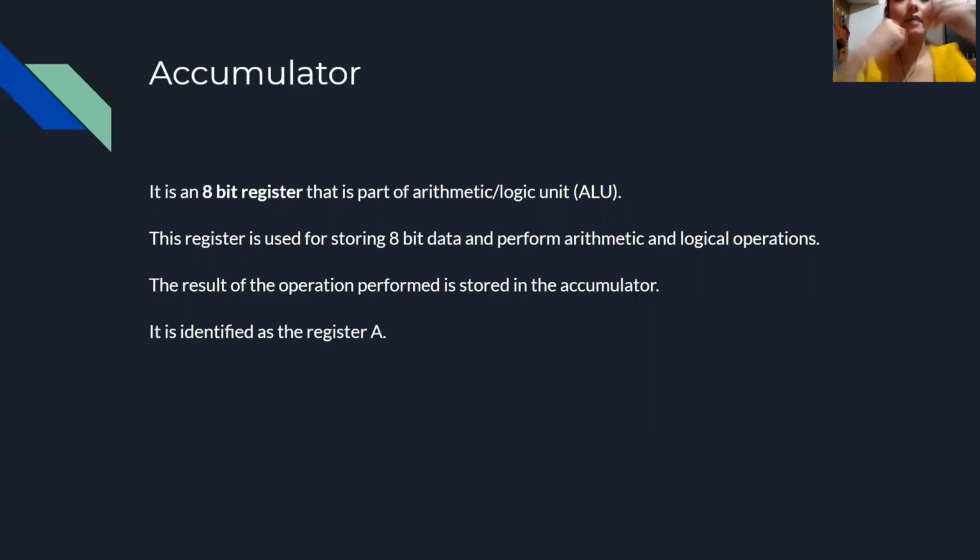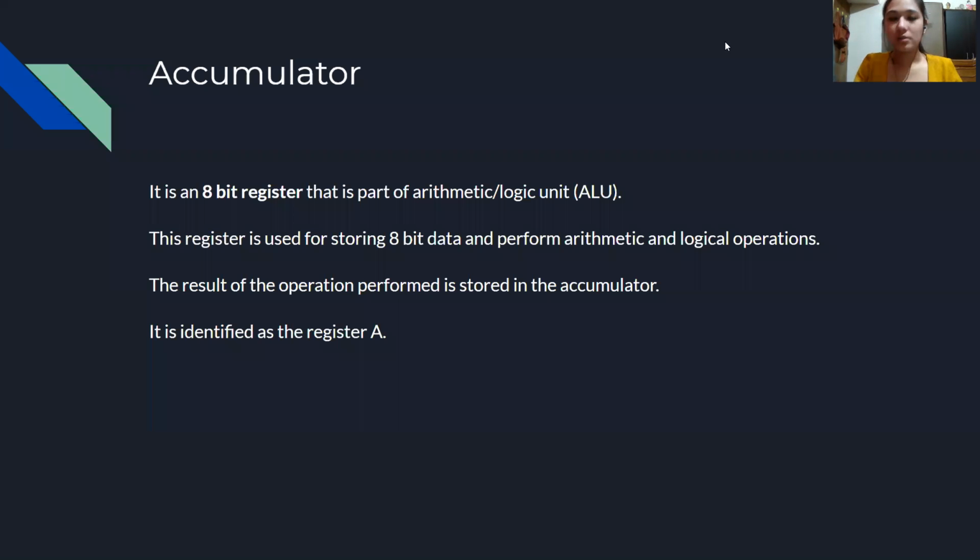If we require the data for further execution, then we need to copy the data from the accumulator to a specified register or memory location for further processing. It is also identified as register A in the programming model.